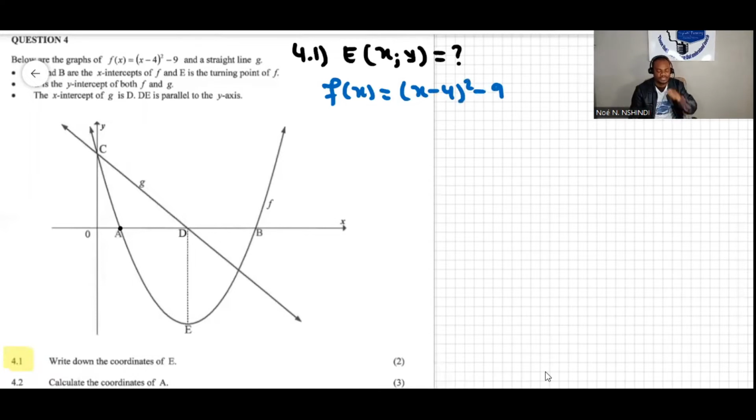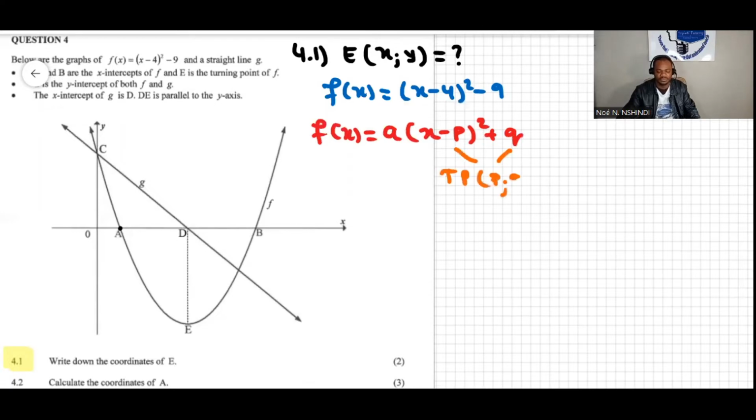Now, this form is called the turning point form of the equation of the parabola, because the turning point form is f of x equal to a open bracket x minus p close bracket to the power of 2 plus q, where p and q stand for the coordinates of the turning point. So the turning point will be at p, q.